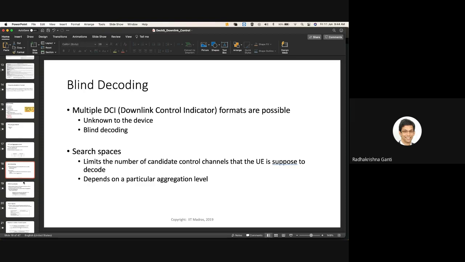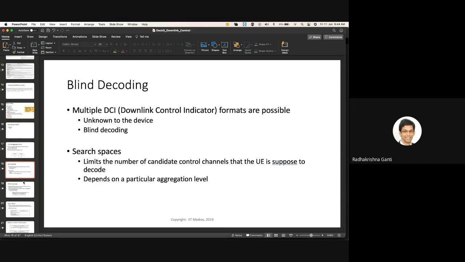Only when it decodes is the whole information present in the DCI. So it has to do something called blind decoding. This is what I indicated. If it goes on blind decoding all the possibilities for all the search spaces, for all the formats and all the aggregation levels, the whole battery will be drained in a minute. And it's also very, very complicated.